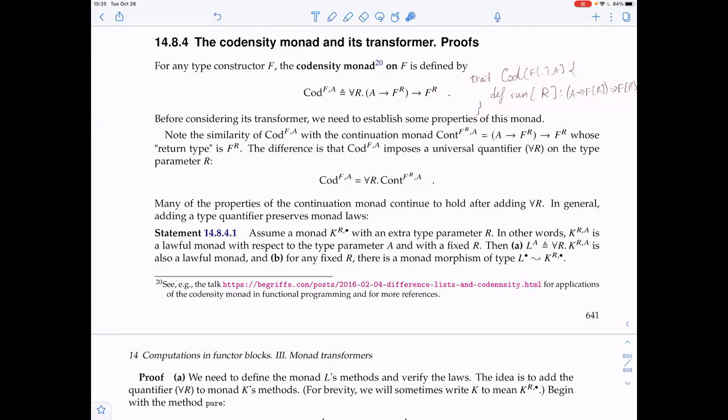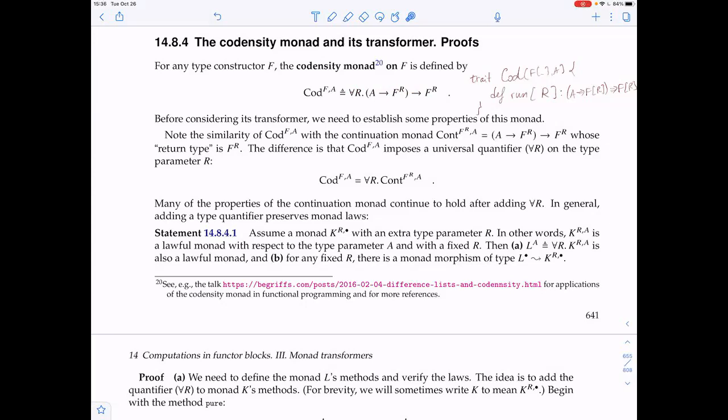It's actually any type constructor, doesn't have to be a functor. It could be not a functor. So it's a very interesting construction that gives you a monad out of any type constructor whatsoever. But this monad is weird. It's not like a free monad, which also can give you a monad out of any type constructor. This is a very different thing.